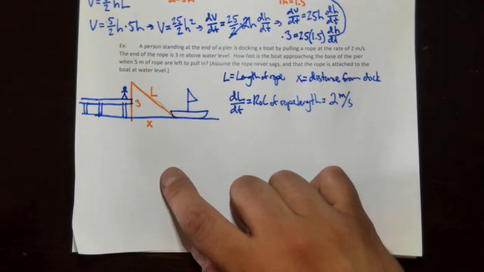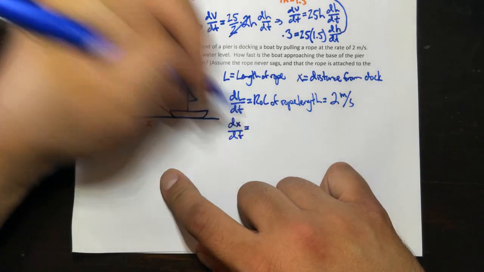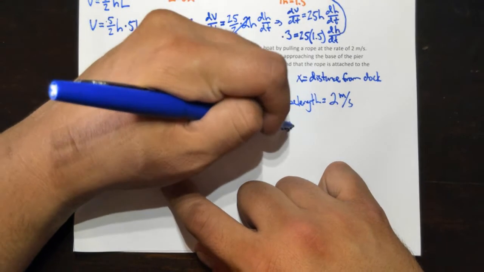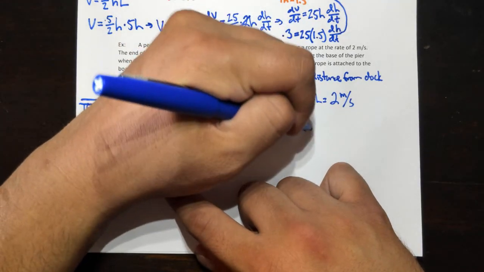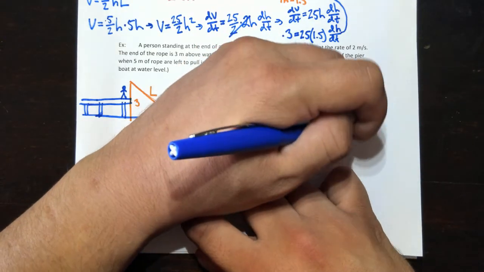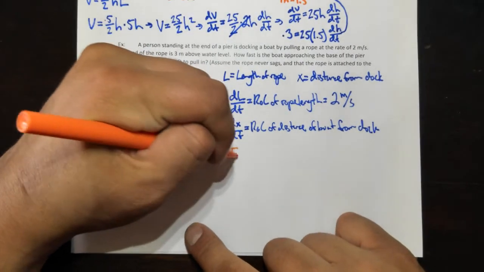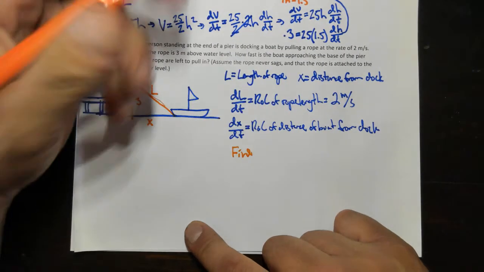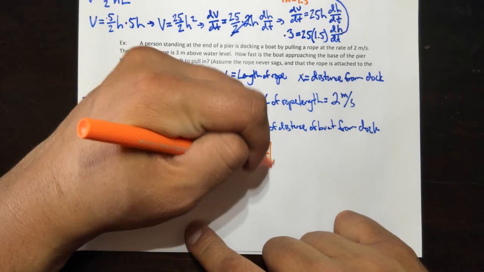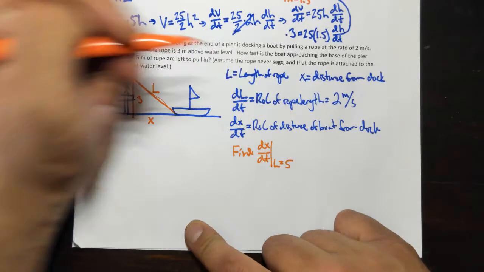And then we have dx/dt, which is the rate of change of distance of boat from dock. And that's actually what we're looking for. So we want to find dx/dt when L is, there's 5 meters of rope left. Okay.